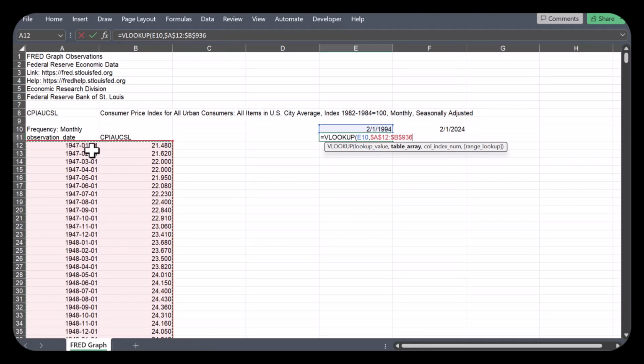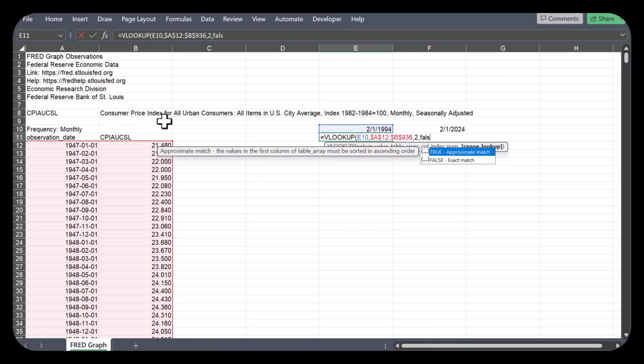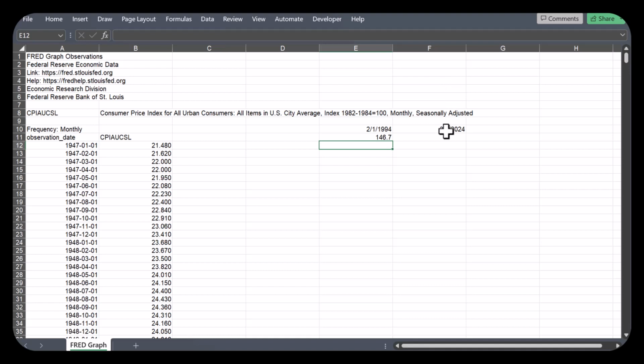And once you find it, grab the second column. Make sure it's an exact match. It looks like the February number is not in there yet. Oh, yes.